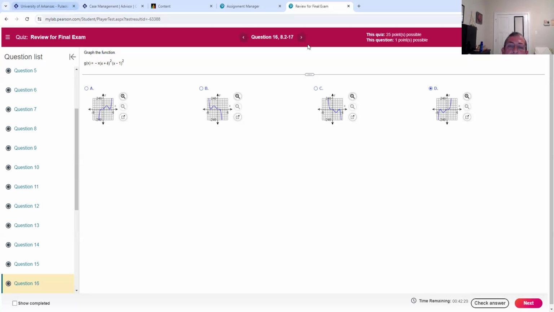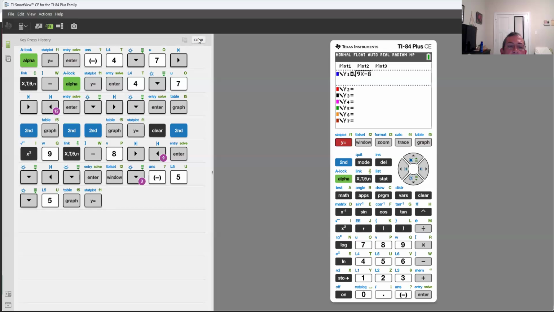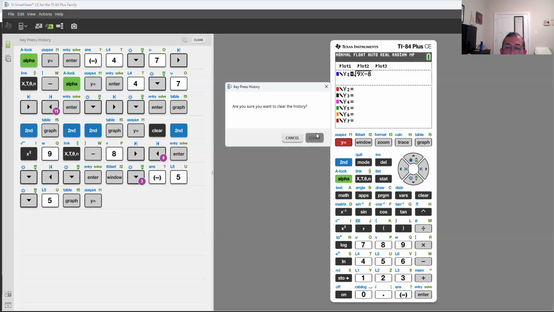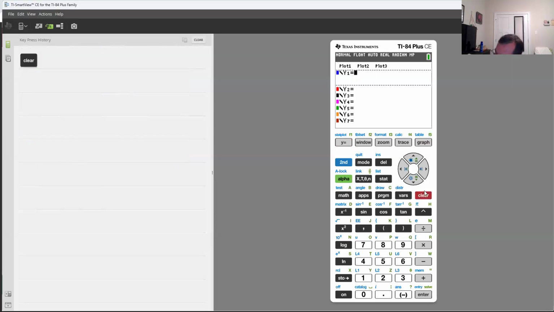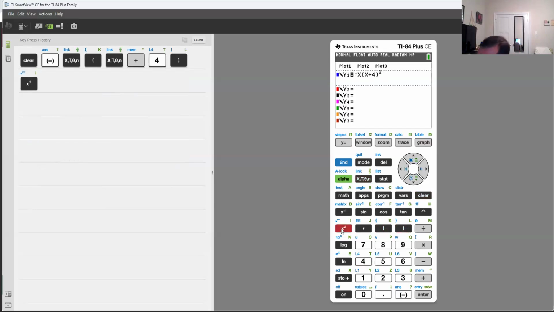We're going to go to y equals on our calculator. All right, I'm going to clear that out. So I had -x, and in parentheses, x plus 4 squared, and then parentheses, x minus 1 squared.